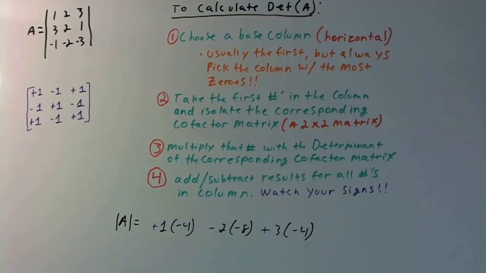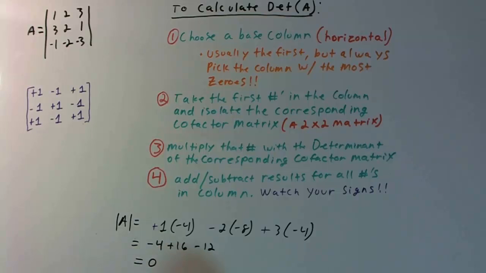So to calculate the determinant of A, we just add these numbers up. Here we have a negative 4, and a positive 16, and a negative 12. So we have negative 4, negative 12, negative 16 plus 16.